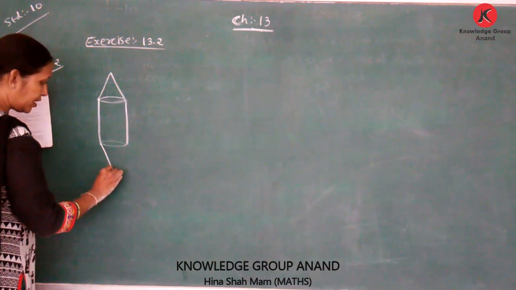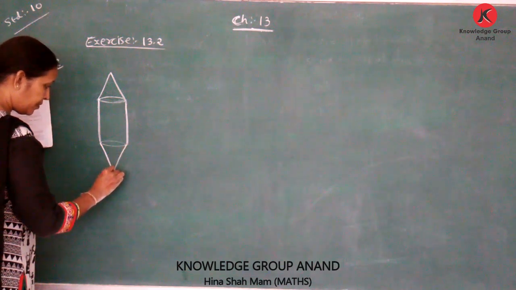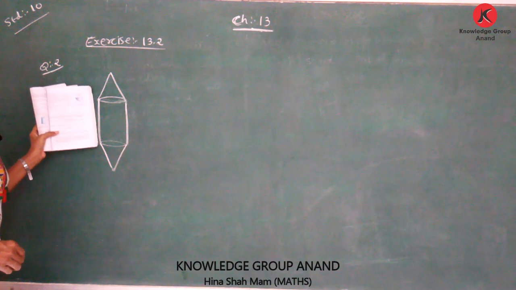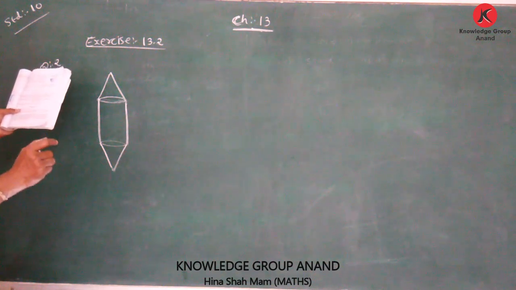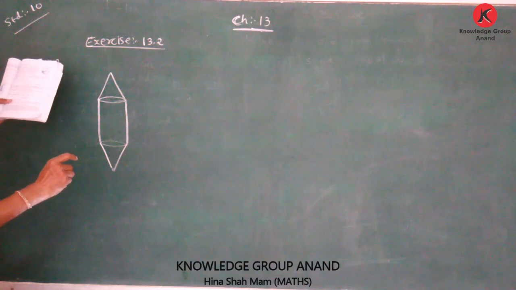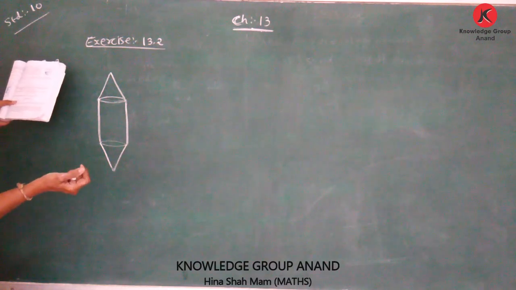An engineering student made a model of a rocket by using a thin aluminum sheet.